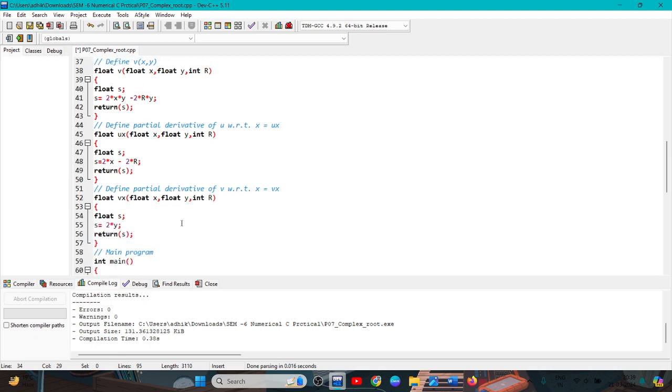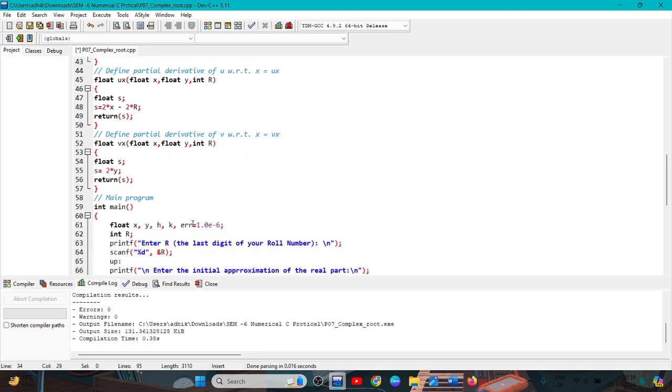And the partial derivative of v with respect to x, that is del v del x, we call here vx. So float vx of arguments float x, float y, integer r. Here v is the function 2xy minus 2ry. So with respect to x, this is equal to 2y, only 2y.